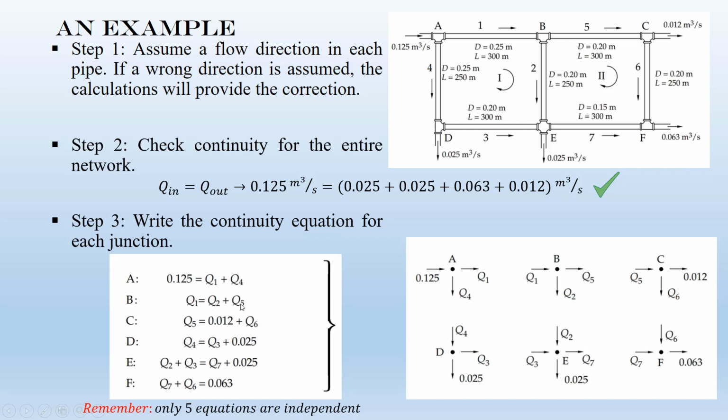You have the Q1, and then you can find Q4 from equation A, correct? You already found Q5 from equation B, so you can find Q6 from this equation. If you check it, guys, you can see that by having the Q1 and Q2, you are able to calculate all other volumetric flow rates. So we will discuss it later.